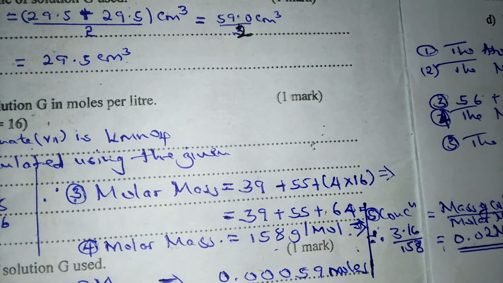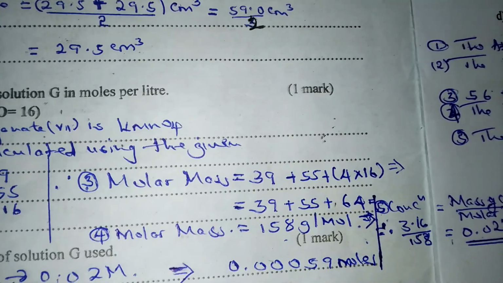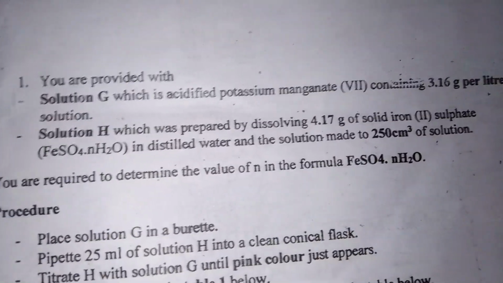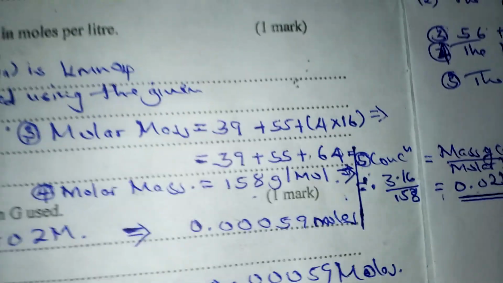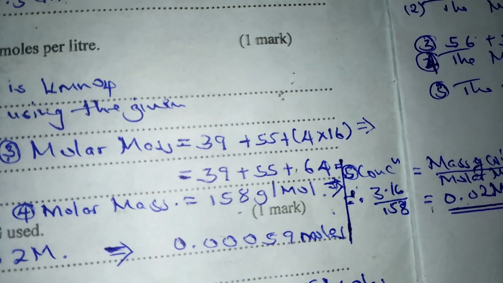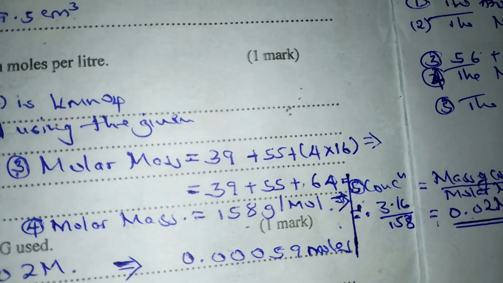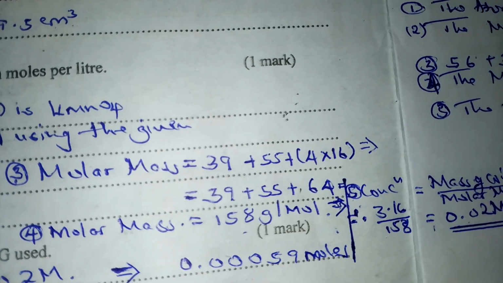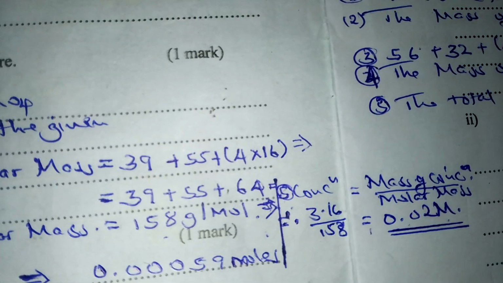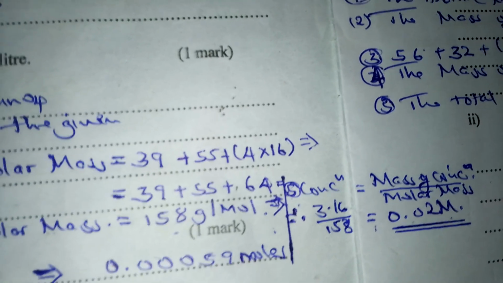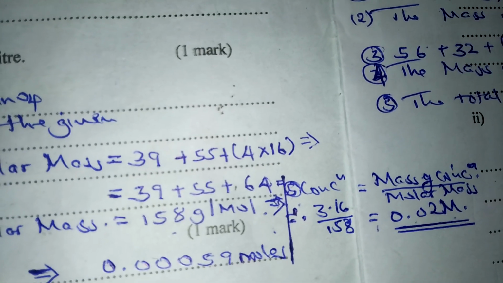That 3.16 grams from the initial information is the mass that was dissolved in 1 liter. So we divided 3.16 by the molar mass, and we ended up with our final answer as 0.02 molar or moles per dm cubed.